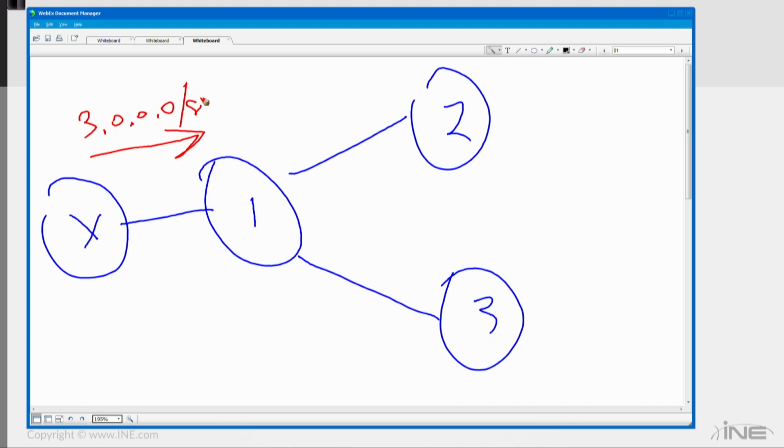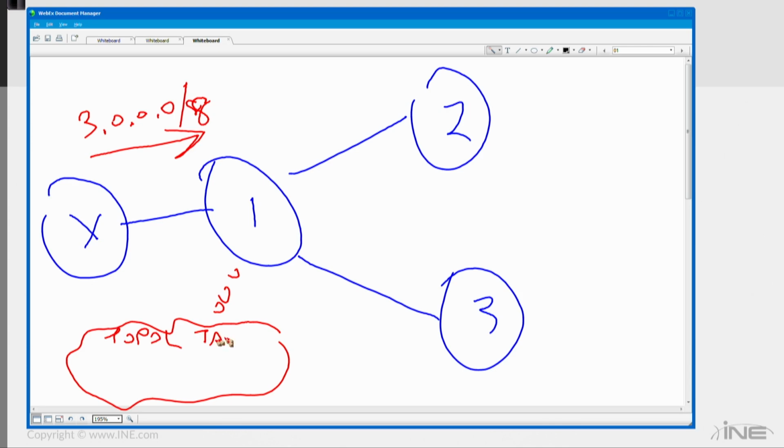Now, up until now, this is the only time router 1 has ever heard of the 3 network. So he puts in his EIGRP topology table an entry for that. He says, okay, I've just learned about the 3 network via router X. And when I compute my total distance, my feasible distance, which is the best distance I have, is let's say 1,000.